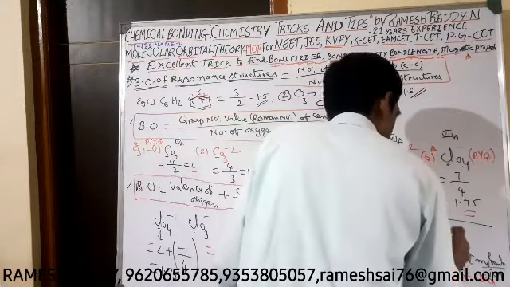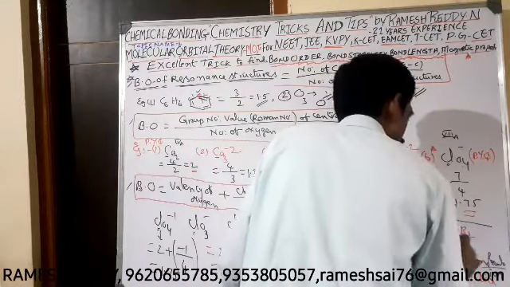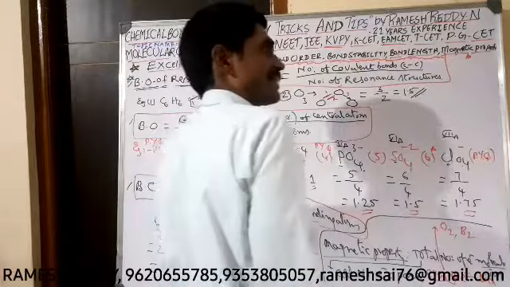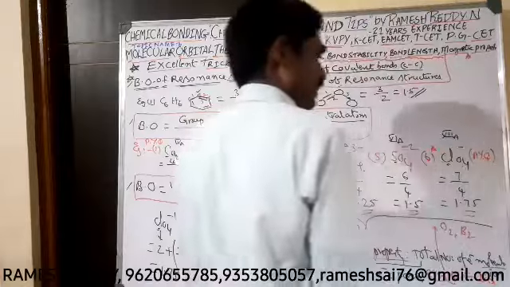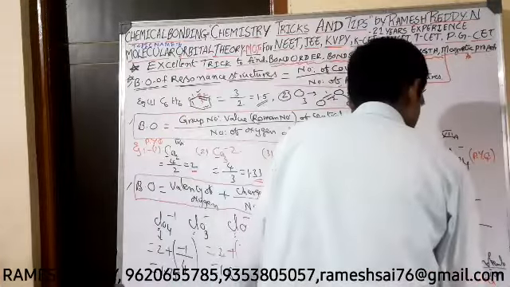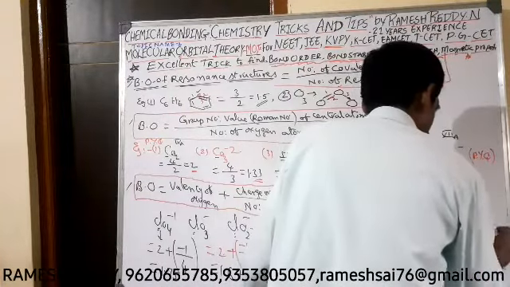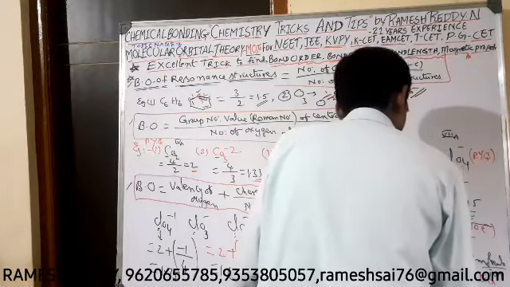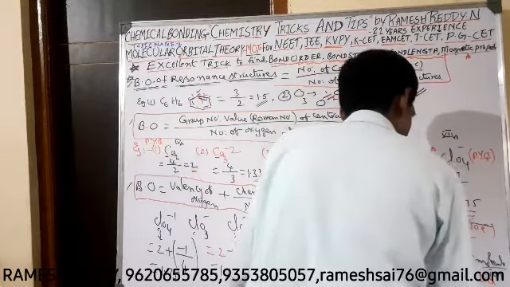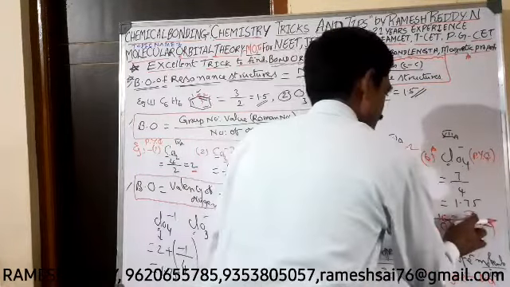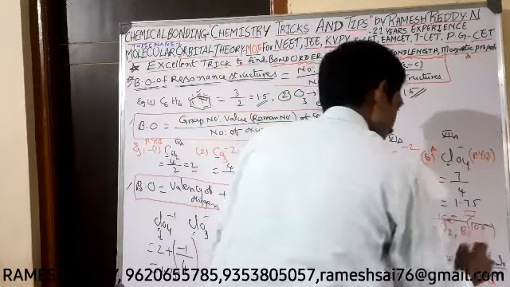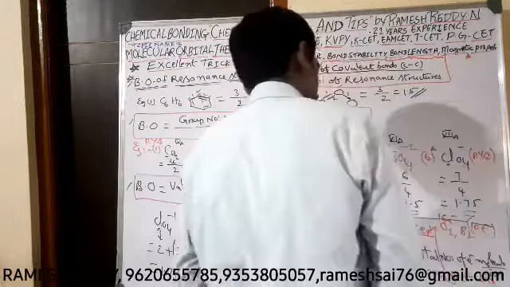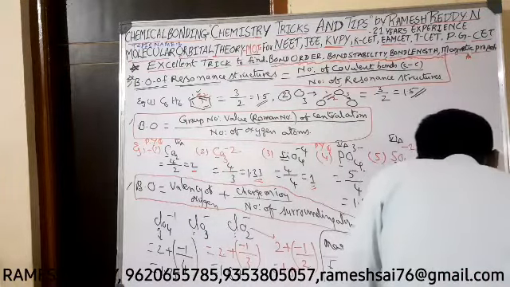But here one exception is there. That is for O2 and B2, oxygen and boron. You will get 10 electrons for B2, and for oxygen 16 electrons. So you can think it is even, 8 pairs here, 5 pairs, so it should be dia. But in the case of O2 and B2, it is not dia, it is para.